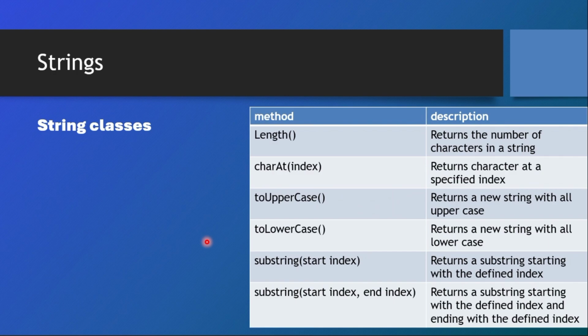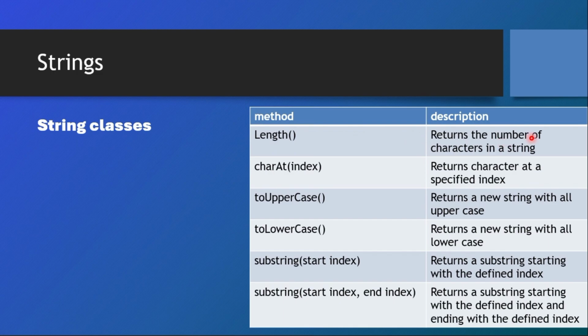Okay, so we have our String class there, and the methods in the String class are as follows. We have the length method, and the description is that it returns the number of characters in a string. Length is supposed to be lowercase. I made a typo there, so just make sure you correct that.